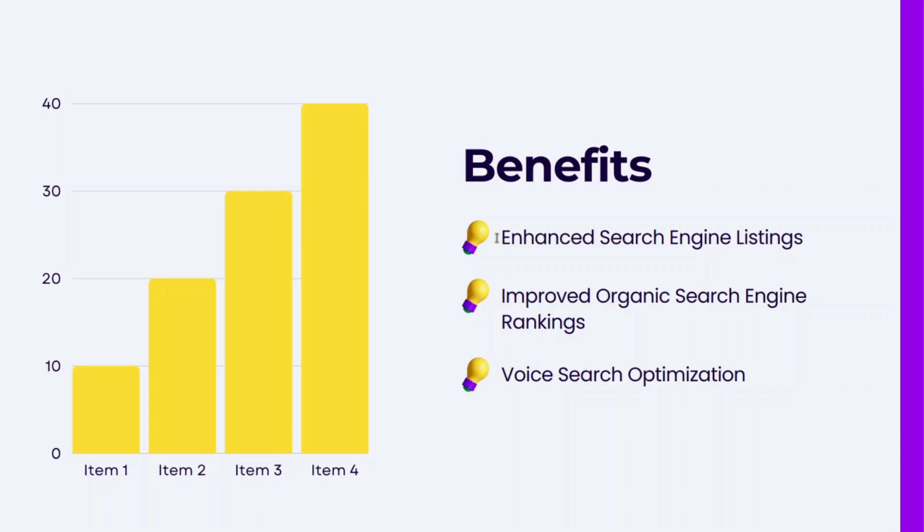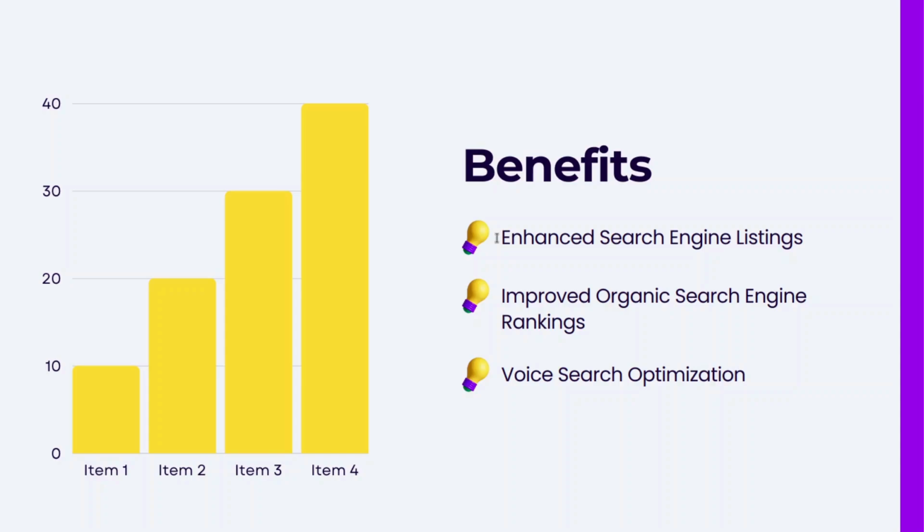For that product we will have a star rating, reviews, or some details specific to it. So when a user searches about that particular product, the search results show eye-catching and engaging snippets that can significantly increase your click-through rates.